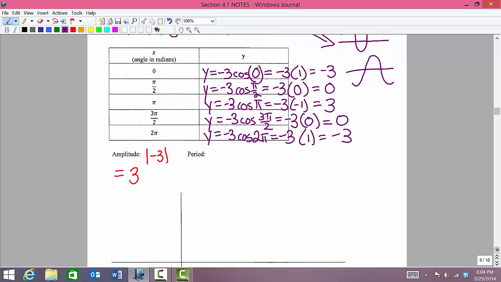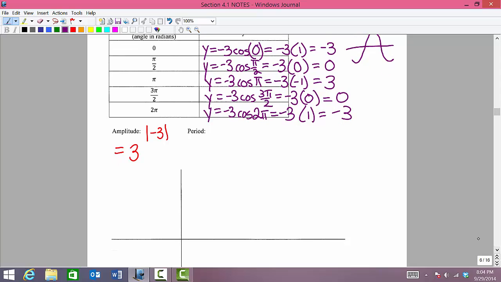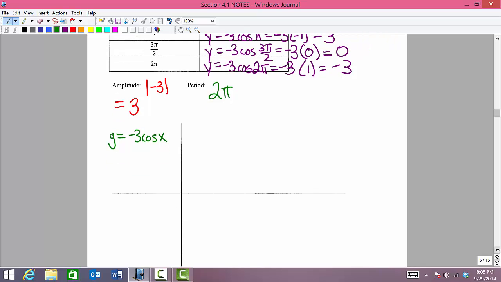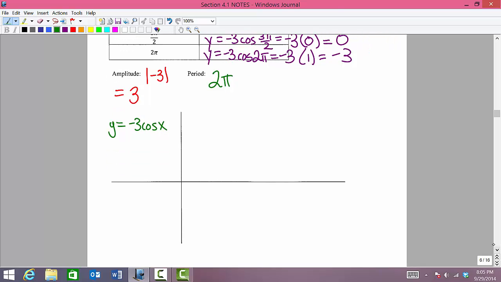So let's come down and see what it looks like when I graph y equals -3 cosine of x. The period is still 2 pi, that hasn't changed. So we're using those values, we're going to plug them in, and let's label some points.